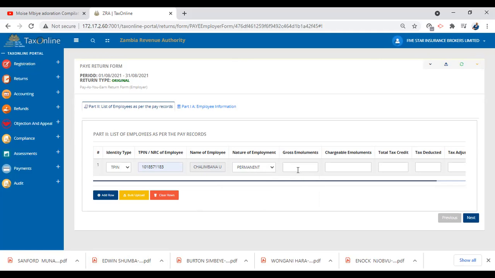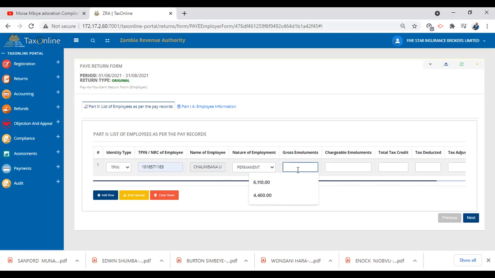So we can put in an amount, the gross amount. By gross amount, we mean the salary which somebody gets plus all the emoluments that are appearing on the payslip, all the emoluments, except those which are exempt.